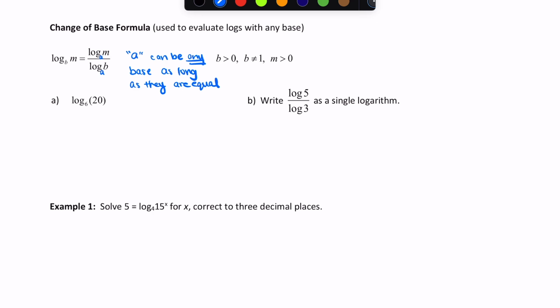So here, if we see this, we have log base 6 of 20. We can rewrite this as log base 10 of 20 over log base 10 of 6. Again, if it's log base 10, we don't have to write anything, so it's log 20 over log 6.